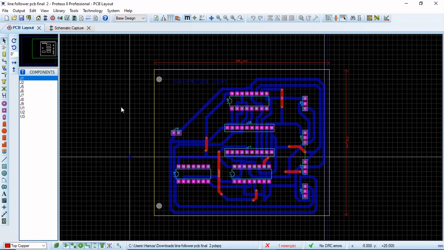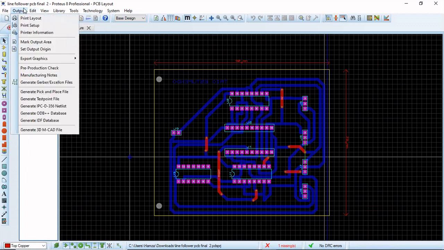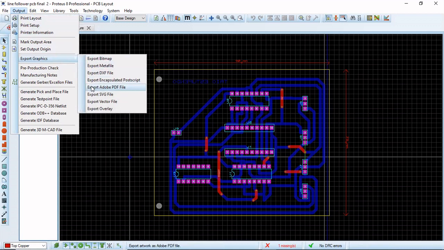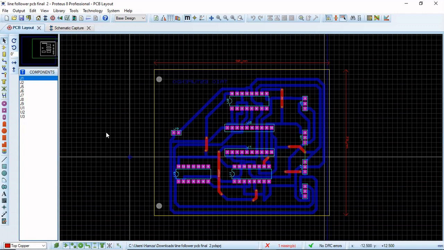Now, when we have to print the PDF of this PCB layout, we have to select output, export graphics, and then export PDF file. While exporting the PDF file, we must select separate pages.